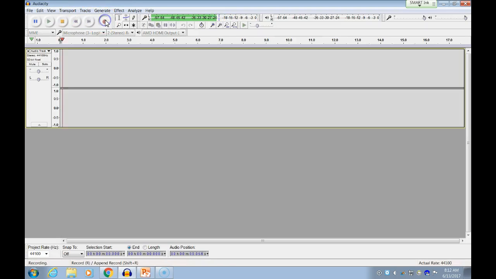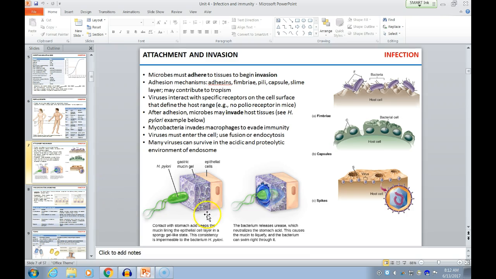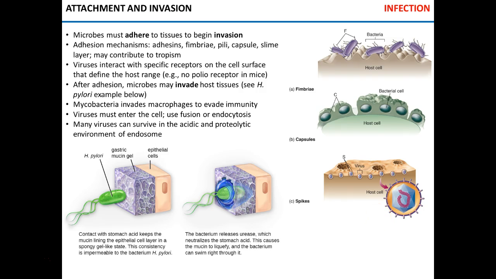We continue to talk about different aspects of the infectious process. Yesterday we discussed different types of infection. We've talked about the differences between communicable, non-communicable, zoonotic, nosocomial, and iatrogenic infections.